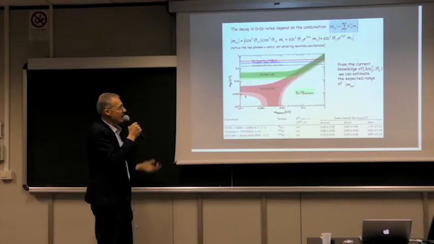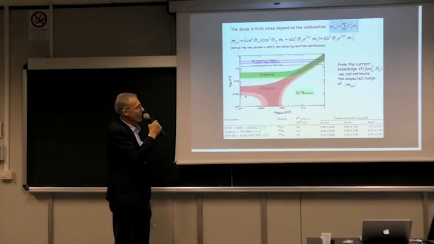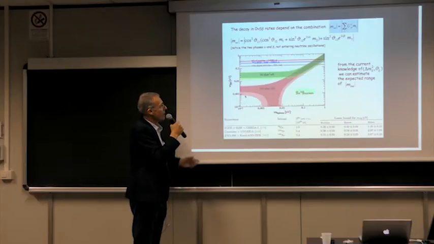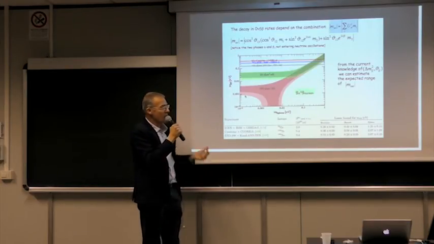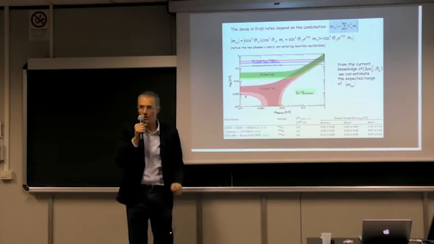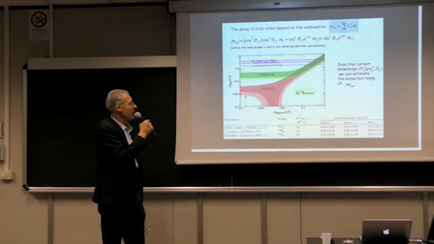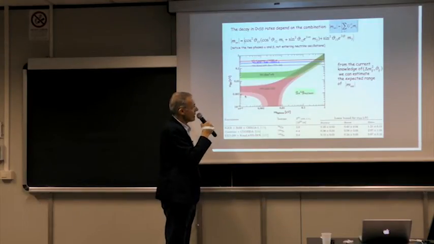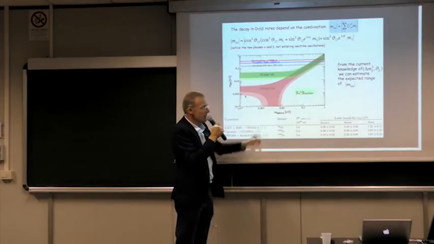On the other side, this experiment is extremely difficult, both from the experimental point of view and also for the theoretical interpretation, because to extract this parameter from the experiment, this goes through the computation of the nuclear matrix elements that are involved in the computation of the decay rate, and there are large errors that affect this determination.